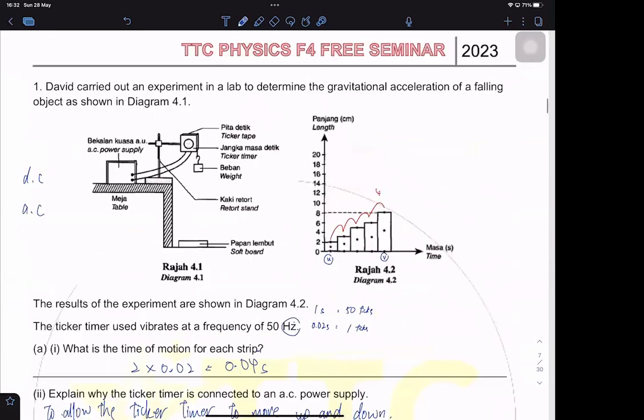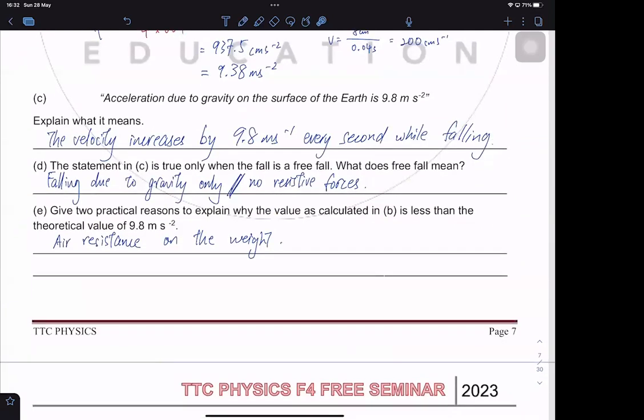You remember, this thing is pulling a ticker tape, right? So the ticker tape, when it goes through the ticker timer, there is surely some friction there, whenever you're pulling the tape like that.